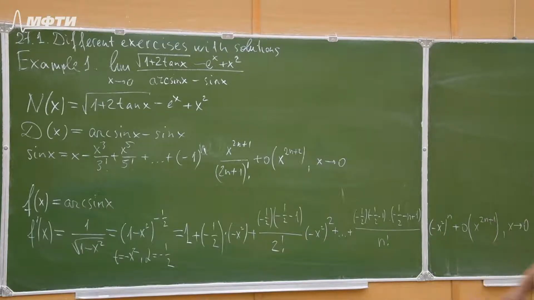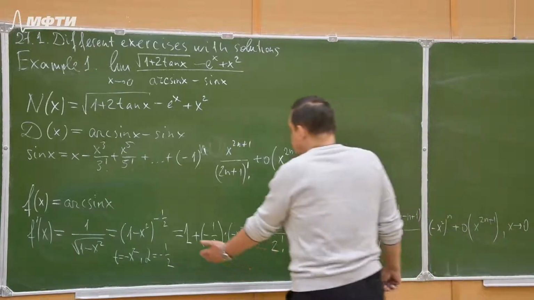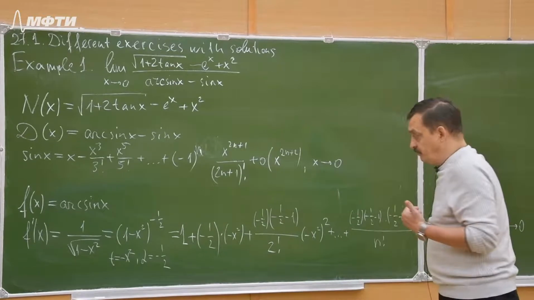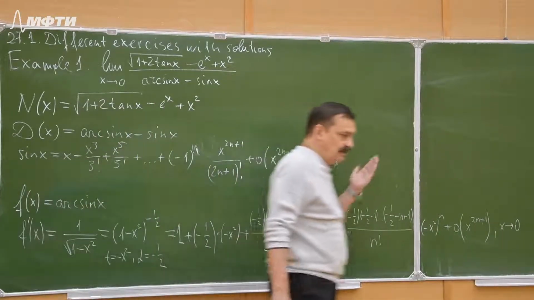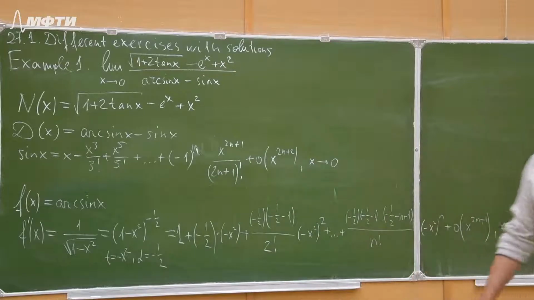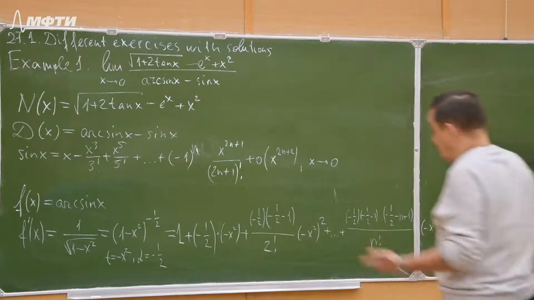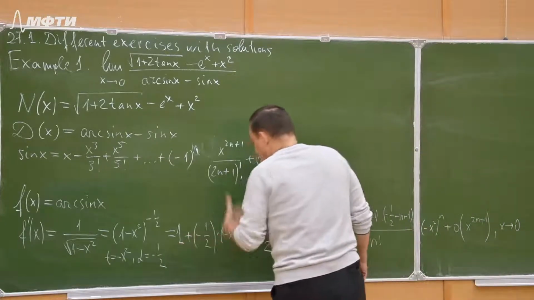What does it say in particular? Look, that is an expansion for f prime of x. The expansion is a Maclaurin expansion. So it means that the coefficients are derivatives at 0.